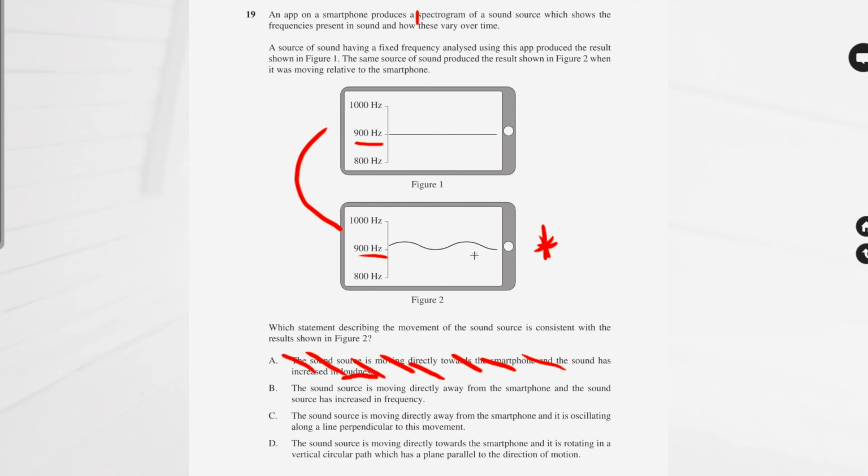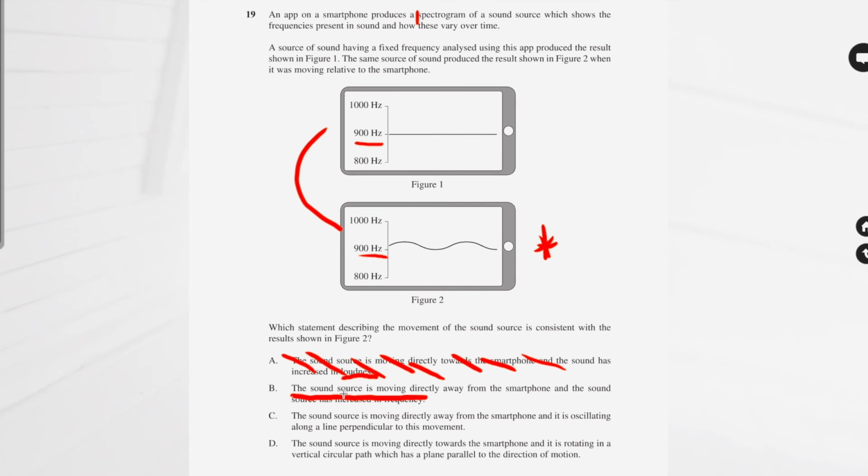So B can't be entirely correct because it's only giving us an idea of what's happening in half of that. So we're going to get rid of that. C, sound source is moving directly away from the smartphone and it is oscillating along a line perpendicular to this motion.